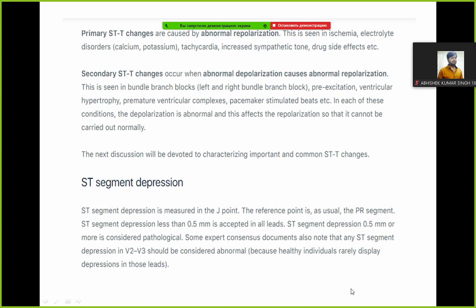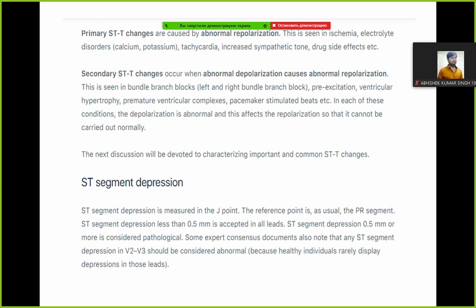There are primary and secondary ST and T changes. Primary ST and T changes are caused by abnormal repolarization. This is seen in ischemia, electrolyte disorders, tachycardia, drug side effects, and some others.